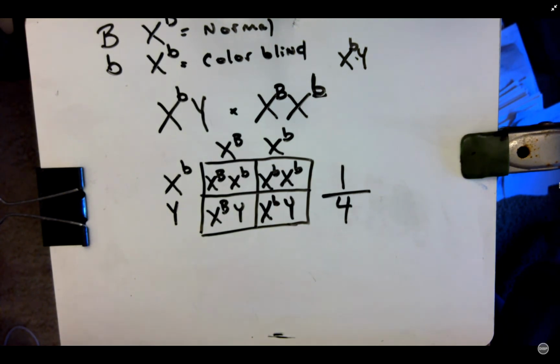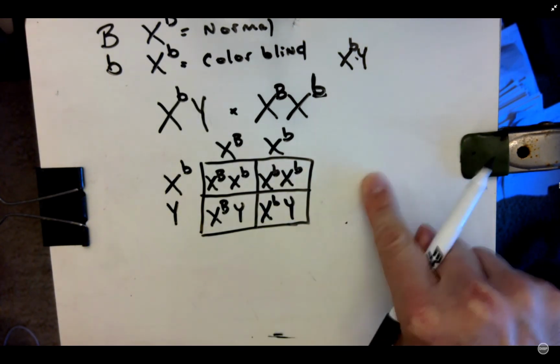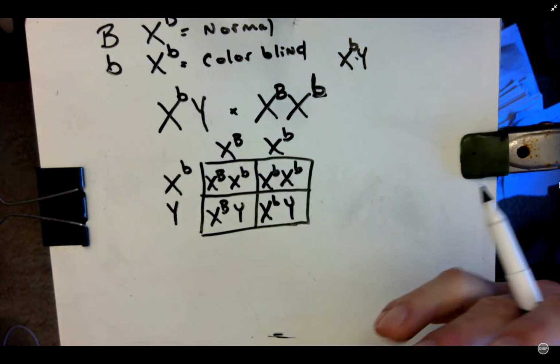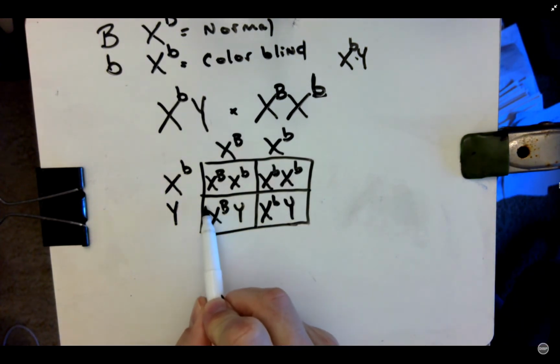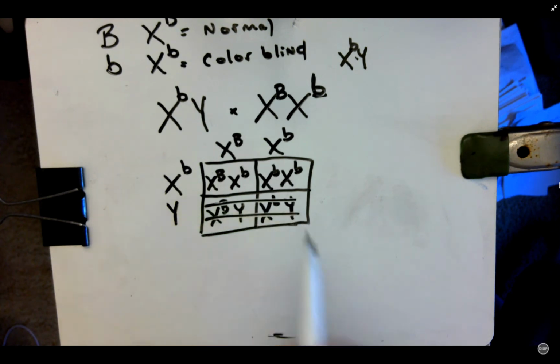Now, let's think about if we were to ask the question instead, of their daughters, what's the chance that one will be colorblind? Then it's different because they're giving us different information. They're saying of their daughters, meaning this becomes irrelevant.